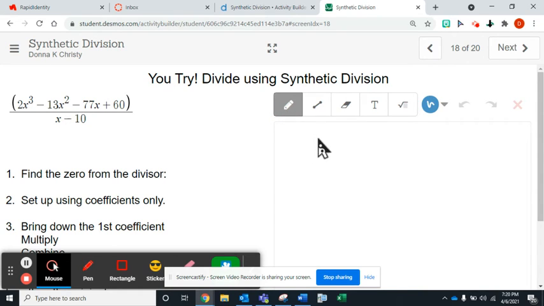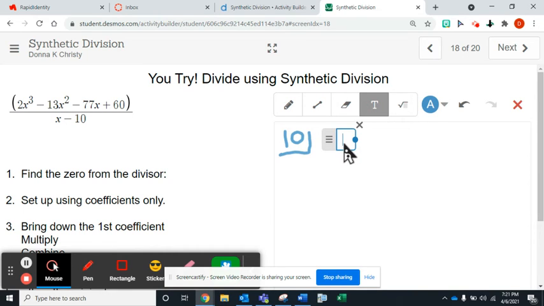All right, let's see how y'all did. Okay, what's going to go in the little shelf is 10 because the opposite. Then we're going to write down our coefficients. So I'm going to put 2, -13, -77, and 60. So I've written down all the coefficients.